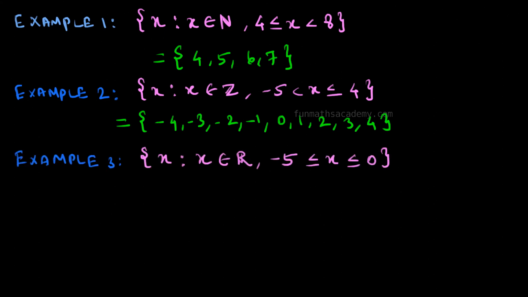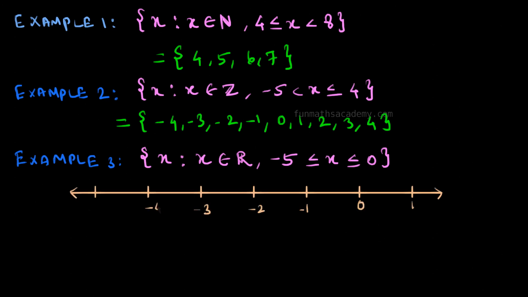The set of all x such that x is a real number and x is greater than or equal to -5 and less than or equal to 0. Here on the number line, every real number between -5 and 0 will be listed in this set, including -5 and 0, since x is equal to -5 and x is equal to 0.